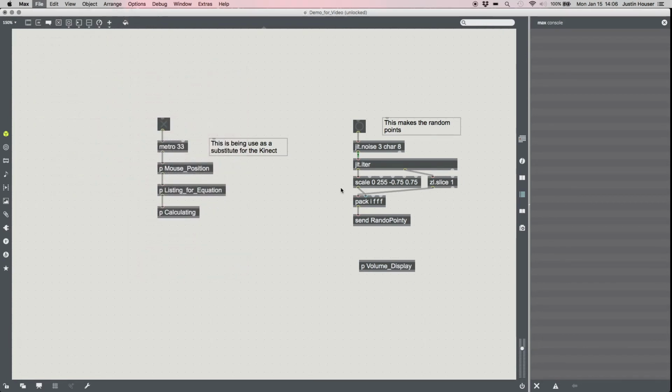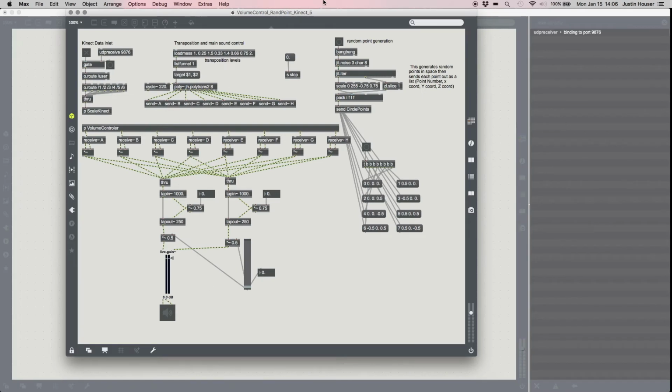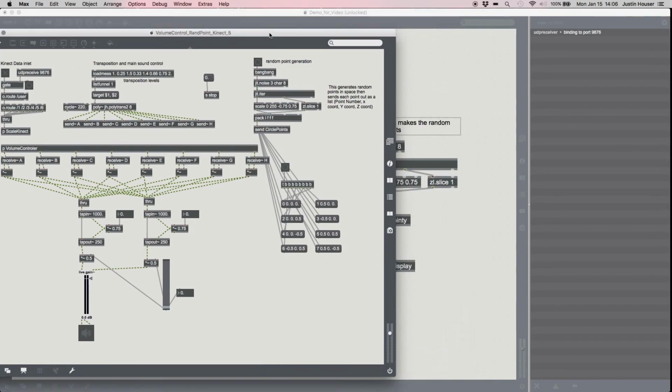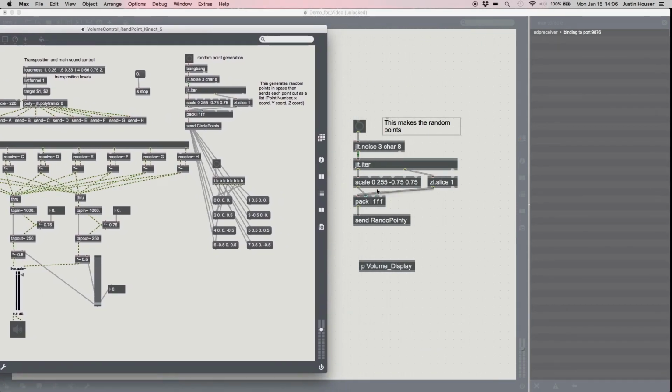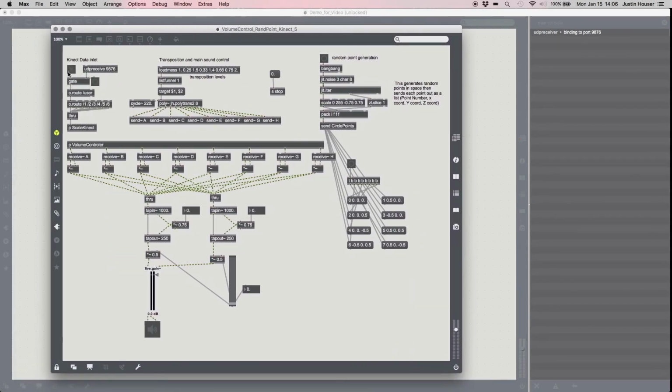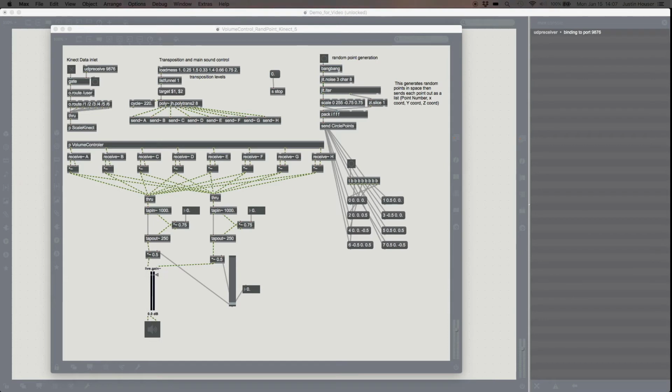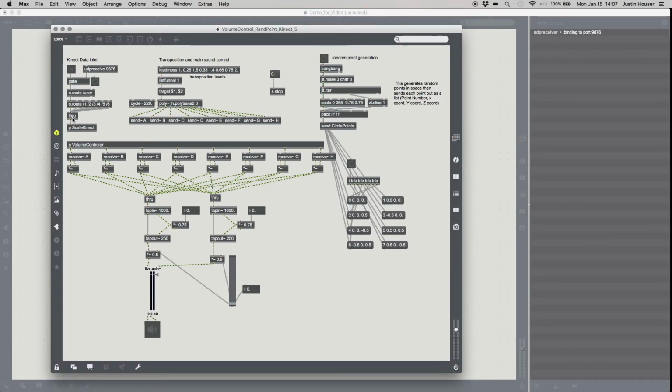So the whole program, when you look at the larger scale, looks more like this. Here is that same randomized point system that we're using here. This is just determining where the user is and kind of controlling what information is being sent out by it.